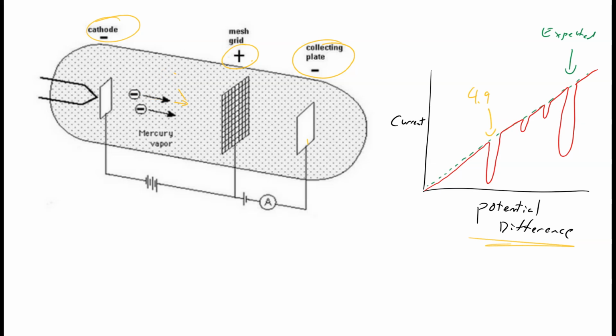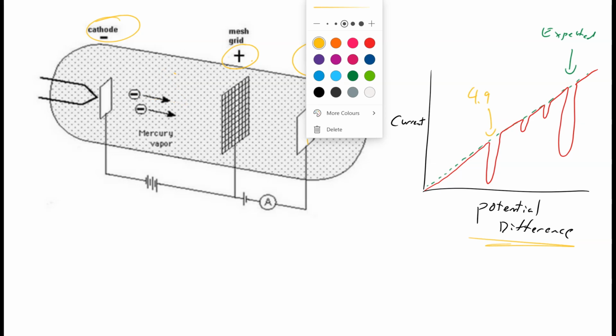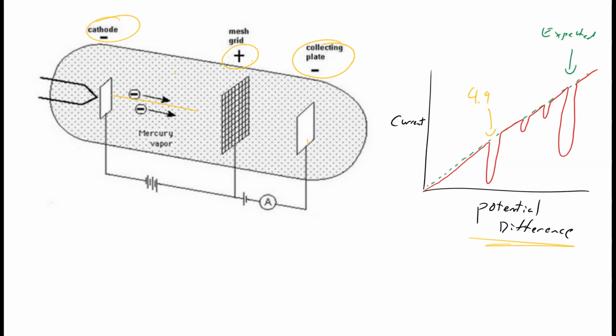So what we would end up seeing happen is you would have the electron traveling along here very quickly. It would hit something, so it would hit a mercury vapor, and then it would lose a lot of its energy. So it would either get stuck to the grid or bounce right back and stick to it here, which means it would not be read by this ammeter here.